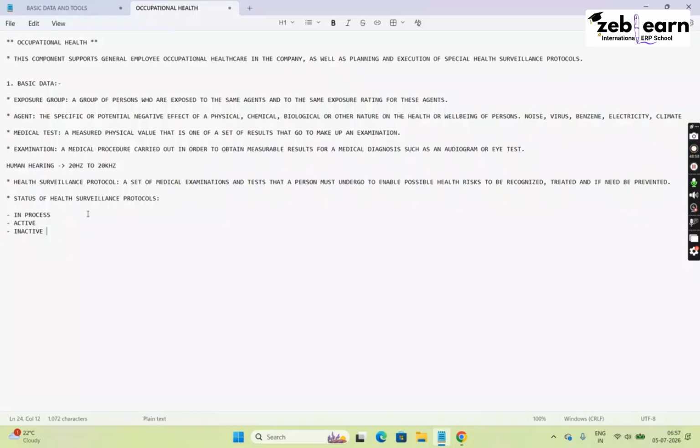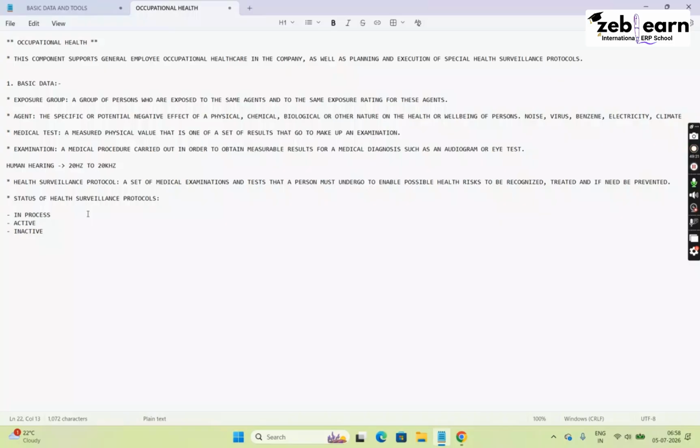So out of this, in process means what? In process status for a medical checkup means we are still planning that medical checkup. It is not yet available for the employees. Okay, they are still thinking what medical test has to be done for the employees. Who are eligible to go for that medical test.